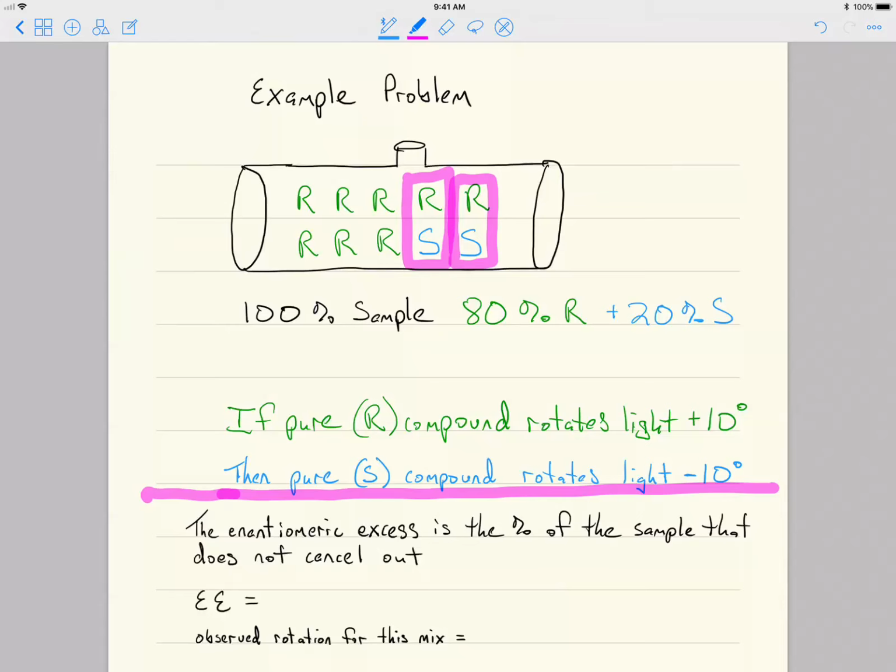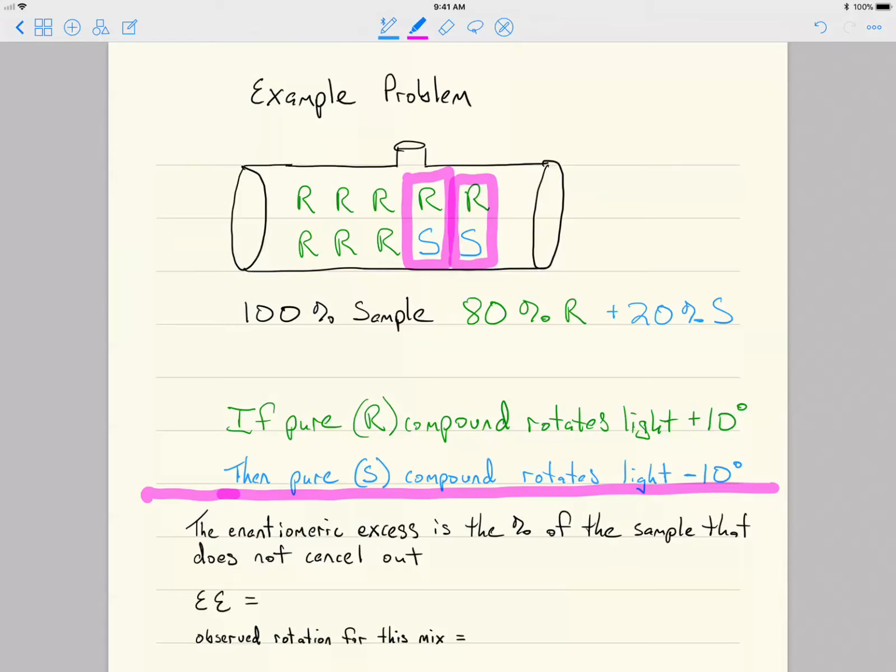So in this example, I drew 10 little molecules in there, 8 R's and 2 S's. So 80% of my sample is the R and 20% is the S. So 20% of my sample, the S's, will cancel out with 20% of the R compounds, leaving me 6 R's here, or 60% of the sample will be in excess.